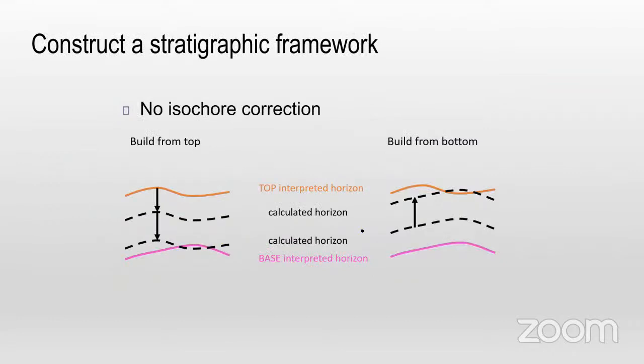Okay, this slide shows that if you don't have the isopack map in some part, the software couldn't find the exact depth. But if you have the isopack, for example, this one, it created the other surfaces.